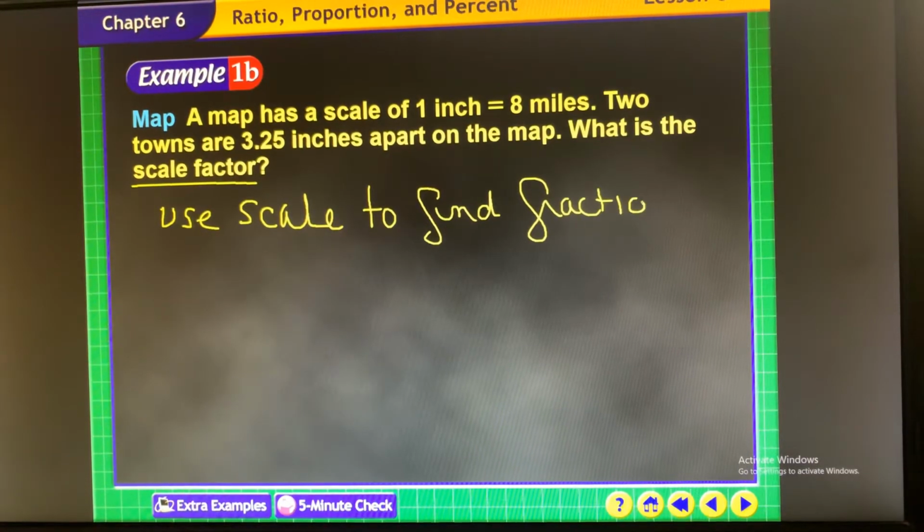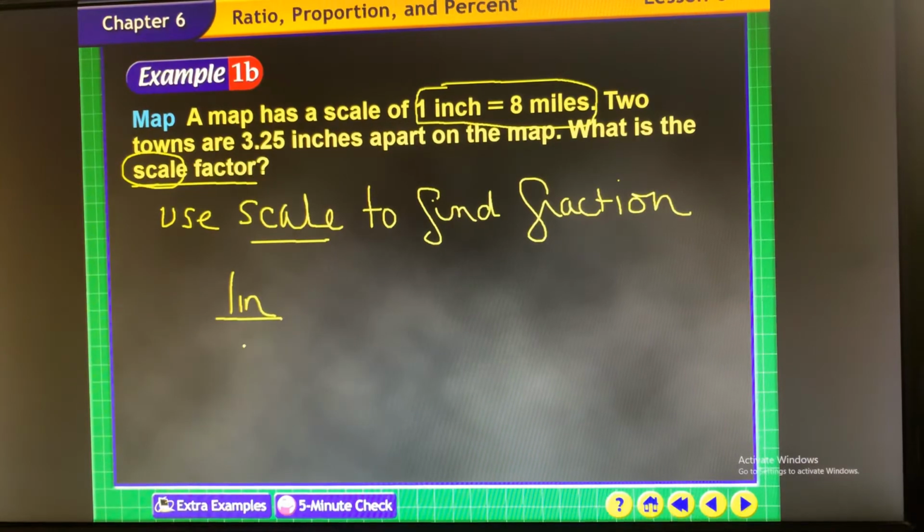Okay? And remember, when we were introducing ratios and we were making them into fractions, there's no words. So there's not going to be any words on this. So I'm taking the scale, see it says to use the scale, and I'm going to write 1 inch over 8 miles.